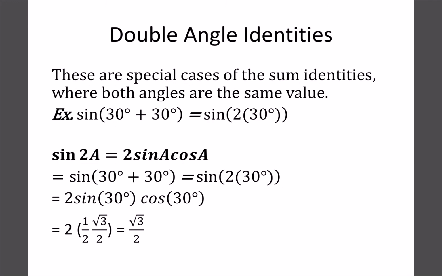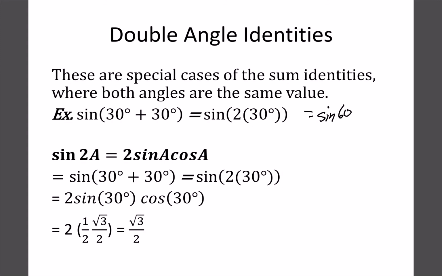When we have special cases where they're both the exact same angle, we have a couple other identities we can use. If we had sine of 30 and 30, we can write that as sine of 2 times 30. Or if I gave you sine 60, we could break that apart into sine of 2 times 30. Then we've got these new identities to work with. The new one is sine of 2 times an angle is the exact same thing as 2 times sine times cos.